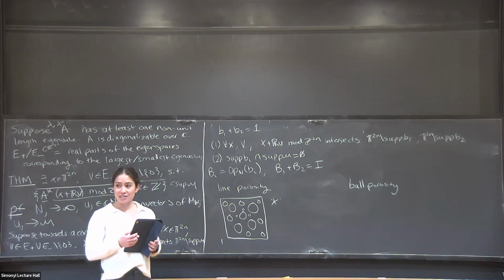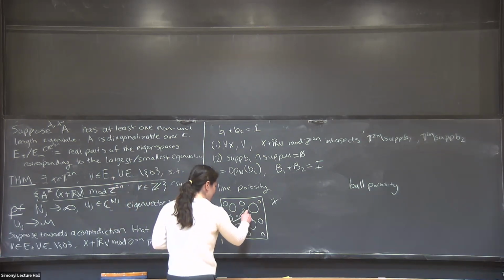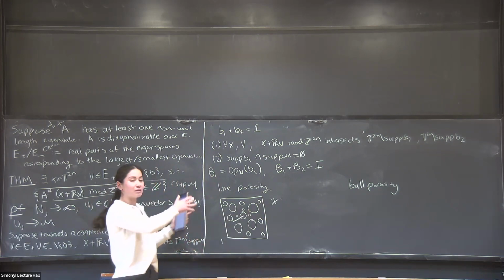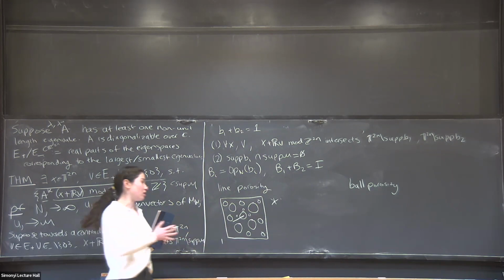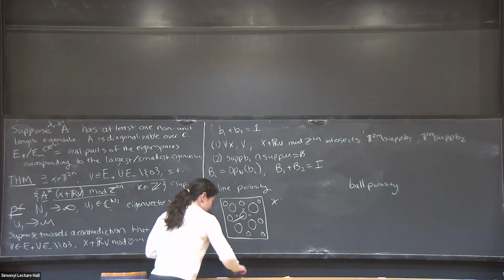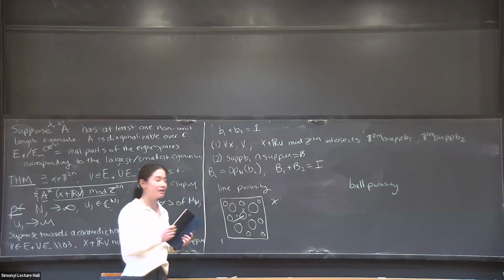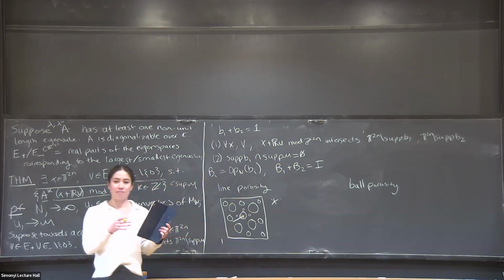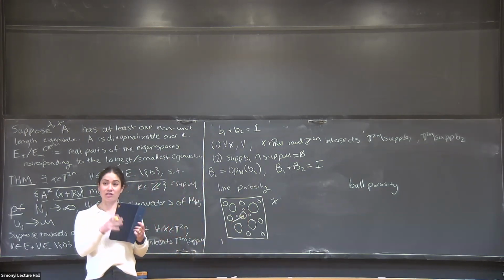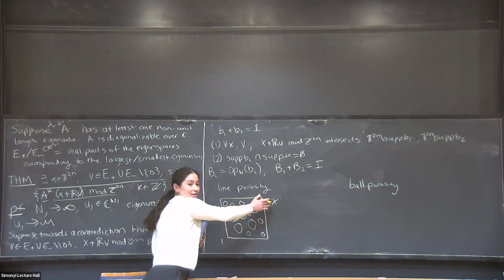Line porosity says that if we take some line in R^n, the line can't be too big, it can't be too small, we can find some point on the line such that if we make a ball centered around that point, the size of the ball is proportional to the size of the line, and it is not contained in X.